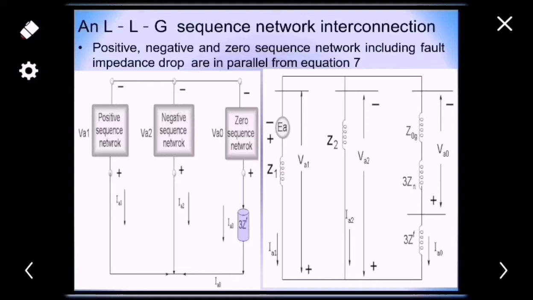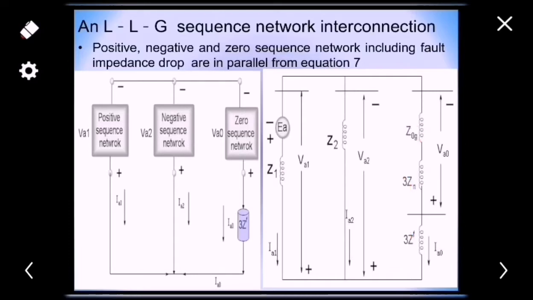Suppose I want to find out IA2, then IA2 is equal to the total injected current IA1 into the fraction. The fraction is the ratio of the opposite branch impedance divided by the summation of both branch impedances. So IA2 is equal to minus IA1 into Z0G plus 3Zn plus 3ZF divided by Z2 plus Z0G plus 3Zn plus 3ZF.